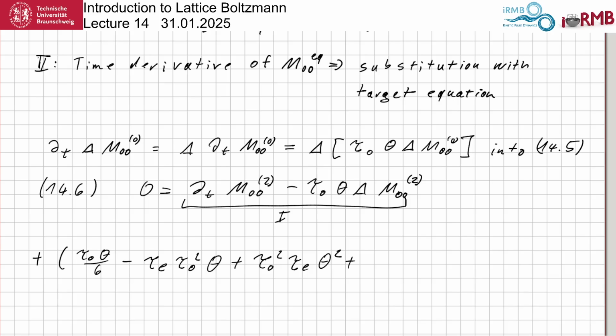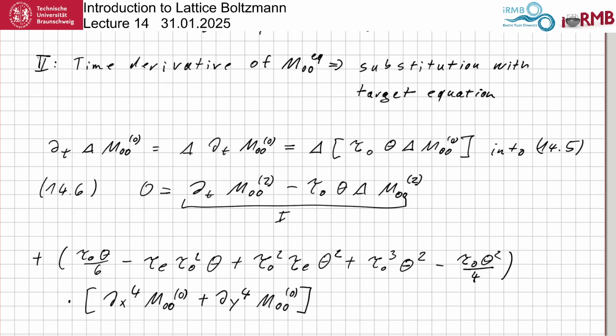You see, this comes out of computer algebra. Tau odd to the 3rd power minus tau odd theta squared divided by 4. And all of this goes into dx to the 4th order m00 plus dy to the 4th order m00 to 0 order.